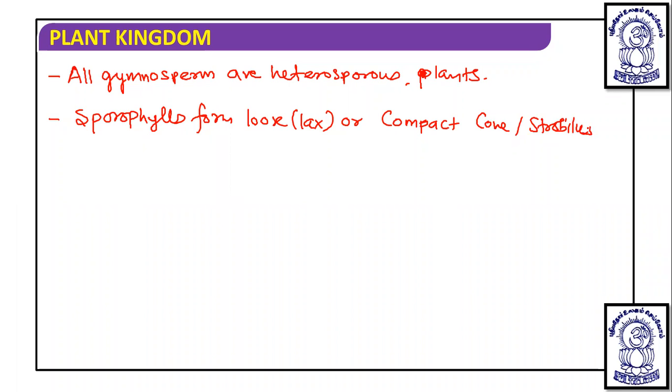Apart from this, we know there are two types of cone. The male cone is made up of microsporophylls, and the female cone is made up of megasporophylls. Within the microsporangium, microspores will be produced, and within the megasporangium, megaspores will be produced.